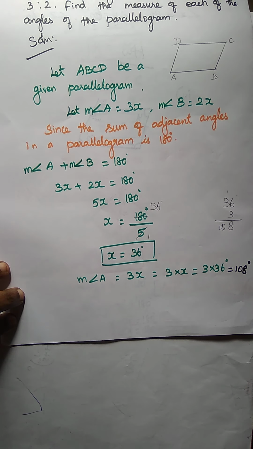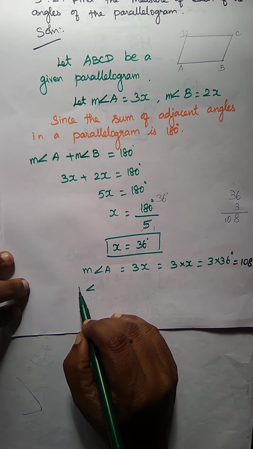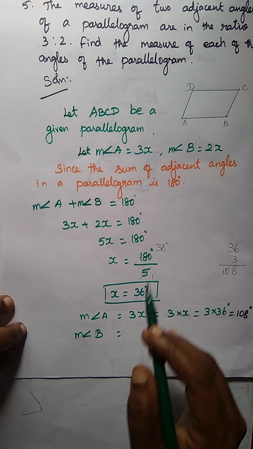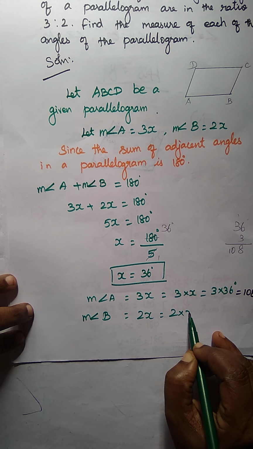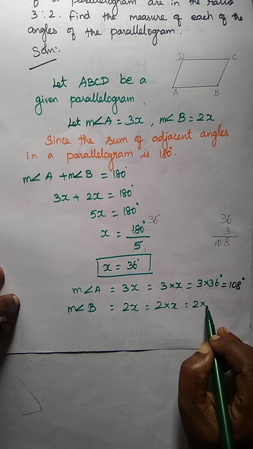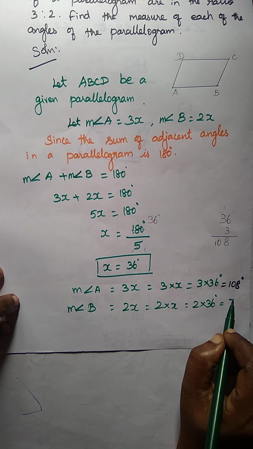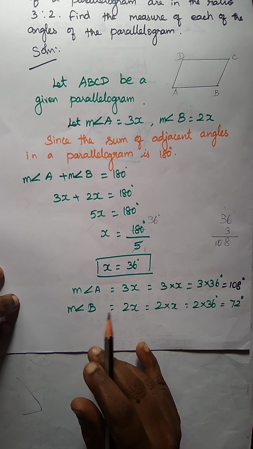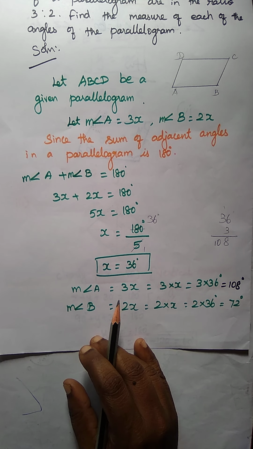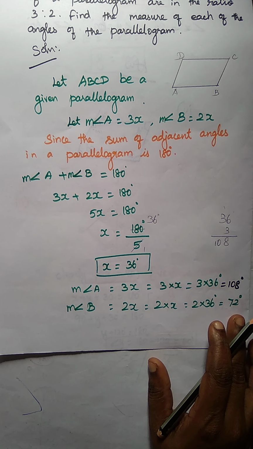Next, angle B is equal to 2x, that is 2 into 36 degree. 2 36s are 72 degree. So angle A is 108 degree and angle B is 72 degree.